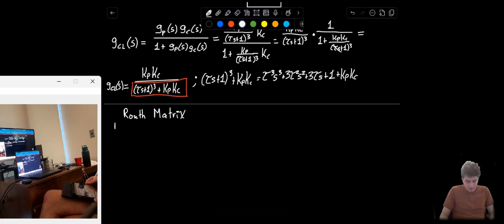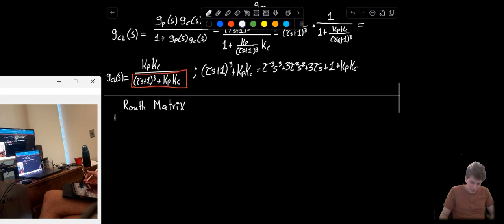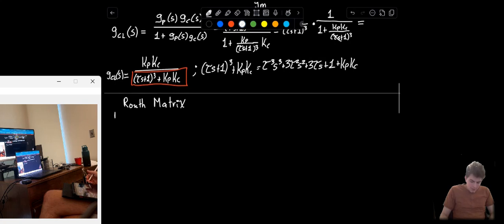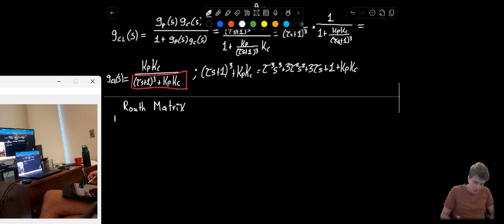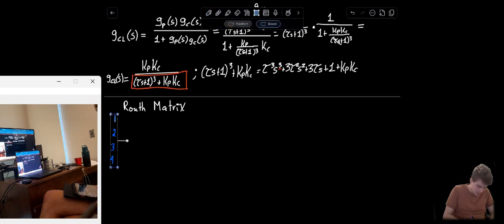This all looks right. So then for our Routh matrix here, what do we want to say? The highest order term here is 3, and the Routh matrix by design has rows going up to our highest order plus 1. So we're going to need 4 rows here. I'm going to make this a little bit bigger.